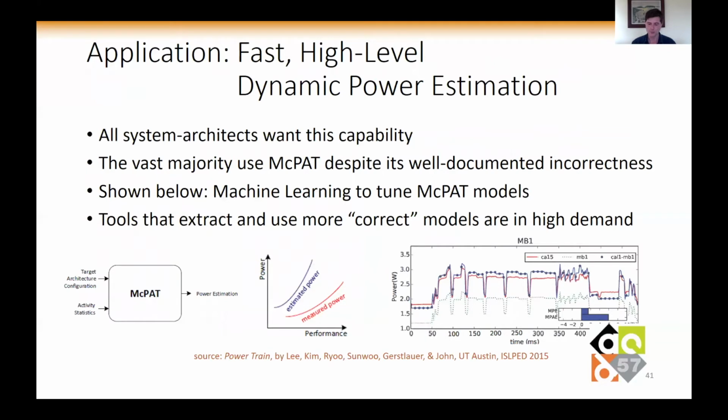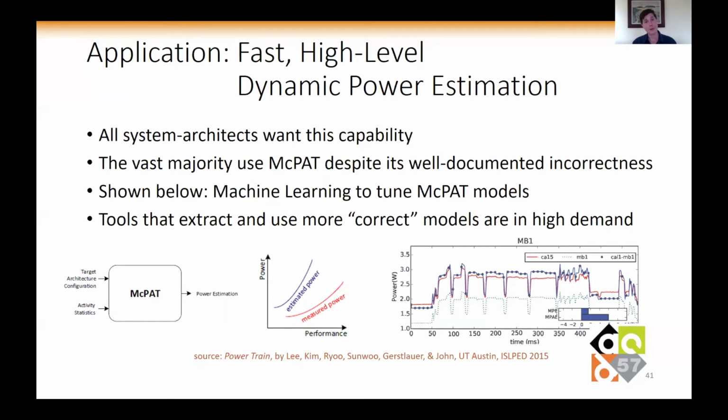Application 2 is simply to provide fast system level power calculators. So all system architects want this capability. And as evidence of this claim, I will point you to McPAT, which is what the vast majority of system architects use, despite its well-documented incorrectness.